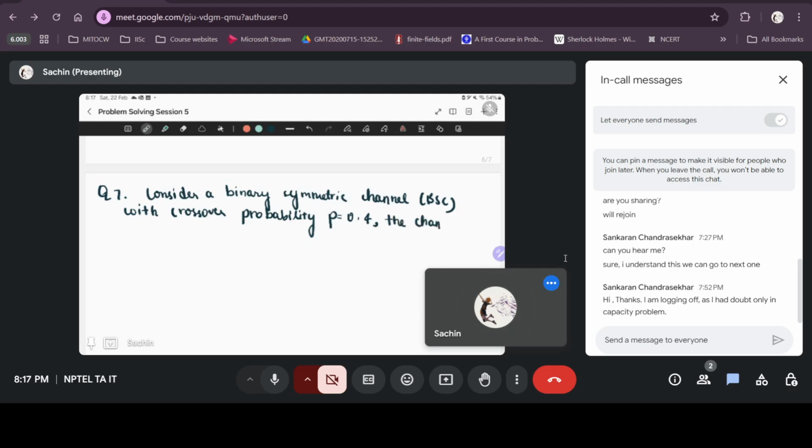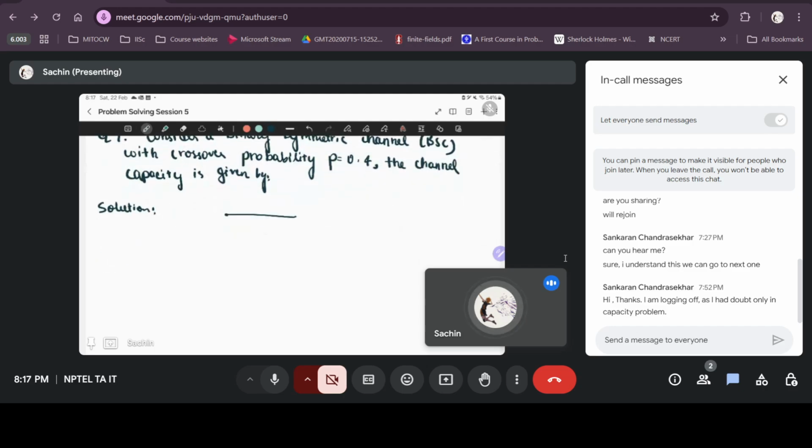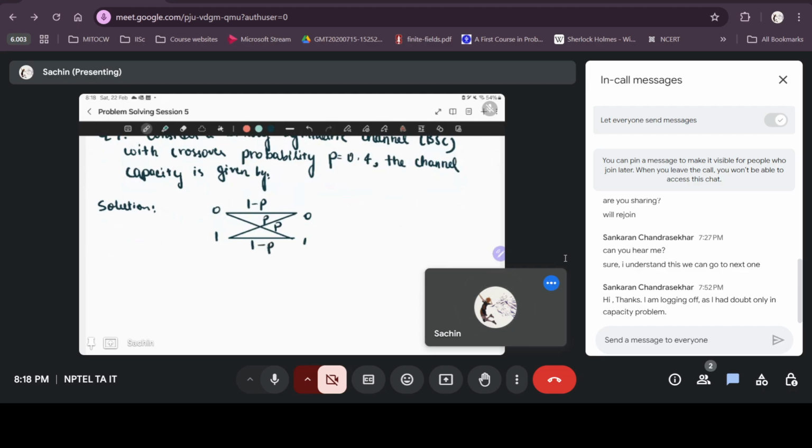The channel capacity is given by... So BSC is like this. Zero goes to zero with probability 1 minus P, zero goes to 1 with probability P, 1 goes to 0 with probability P, and 1 goes to 1 with probability 1 minus P.